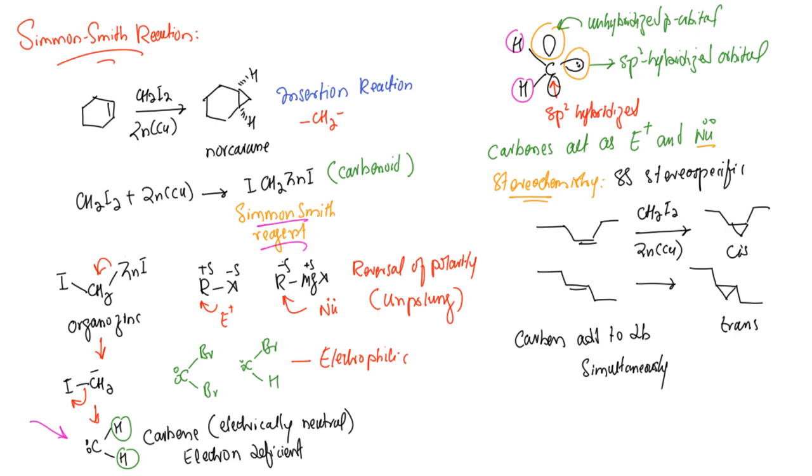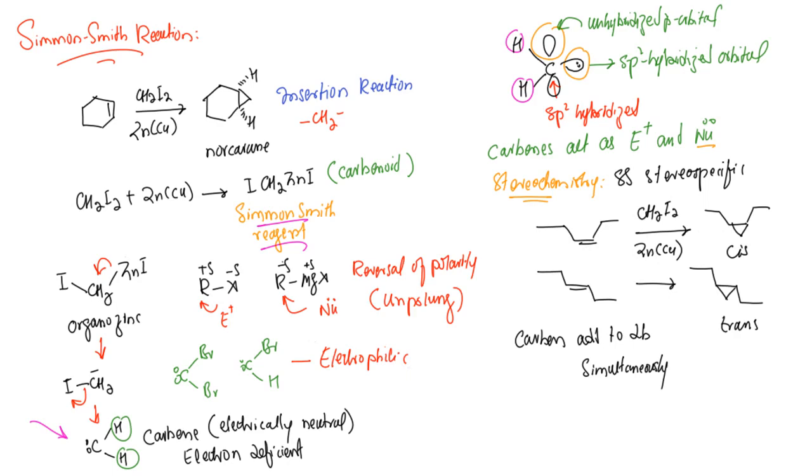All three sp2 hybridized orbitals lie in the same plane, and there is one unhybridized p orbital, which makes the species electrophilic in character. The reaction is stereospecific because cis alkenes give a cis cyclopropane, and trans alkenes give a trans cyclopropane system. So this is all about the Simmons-Smith reaction.